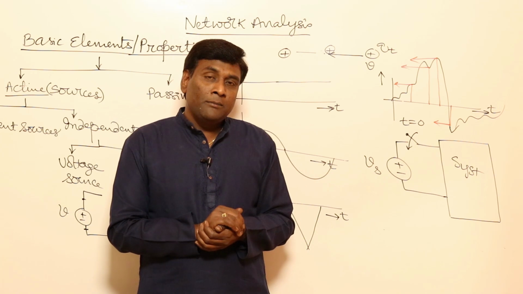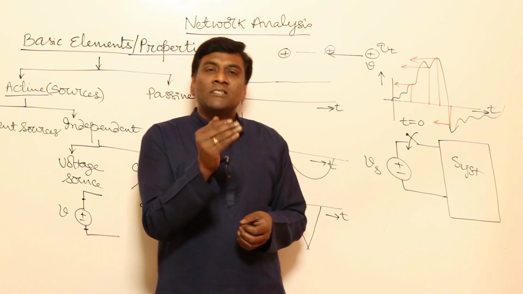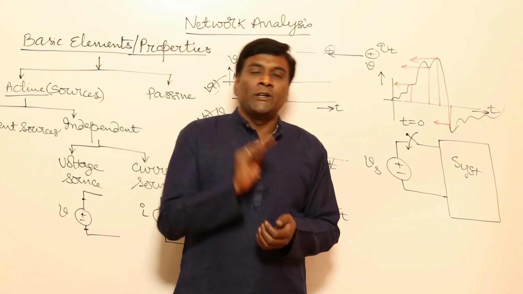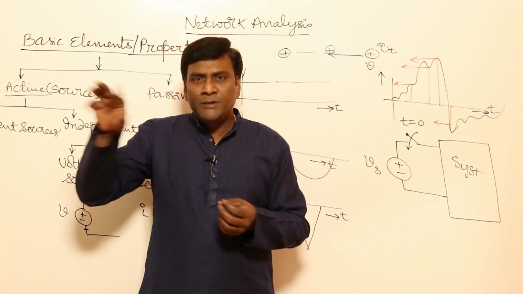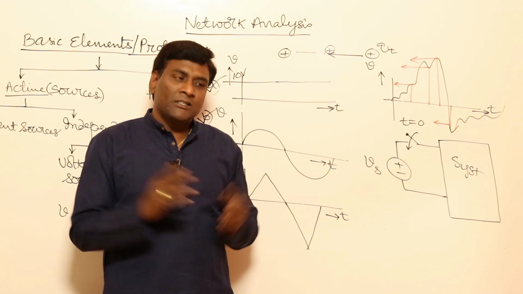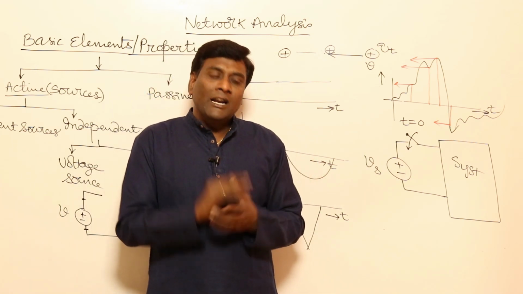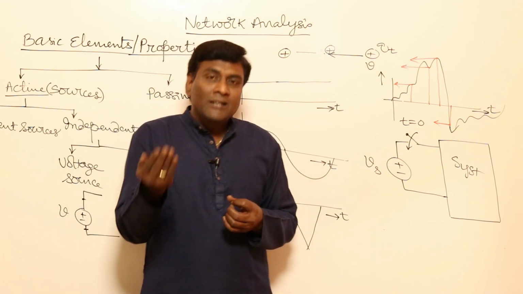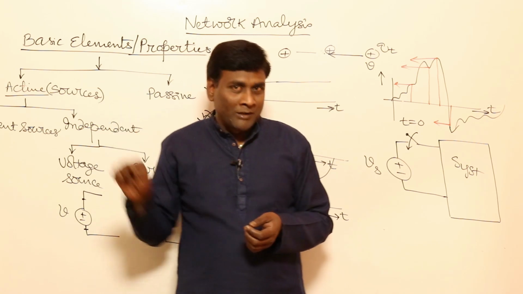If the temperature of this room is less than 20, what will happen? The feedback system will go, the controller will come, and it will increase the temperature of this room to 20 degrees. And if it is more than 20, automatically it will reduce. A feedback path will be there.